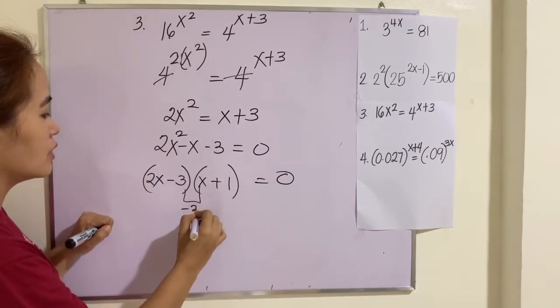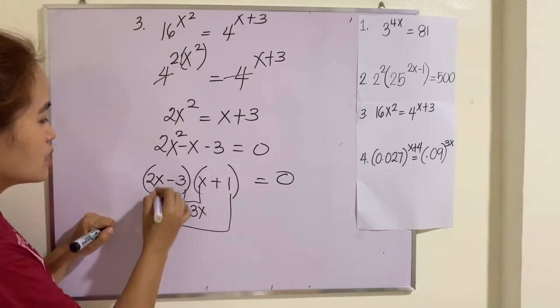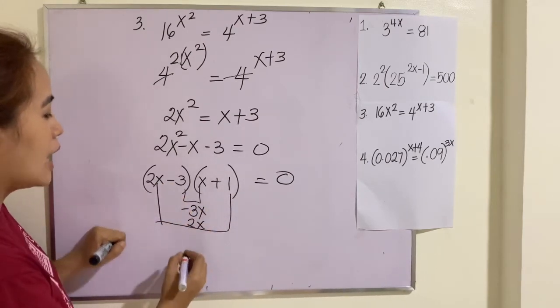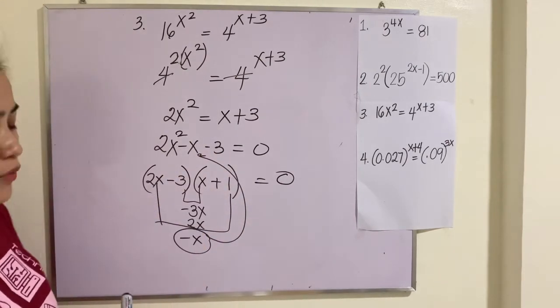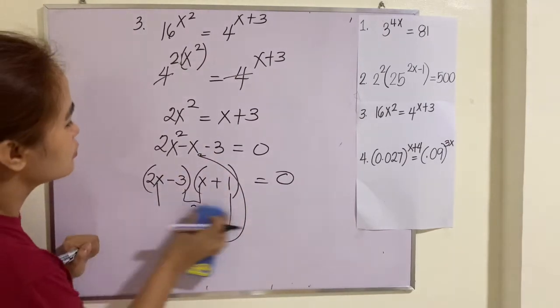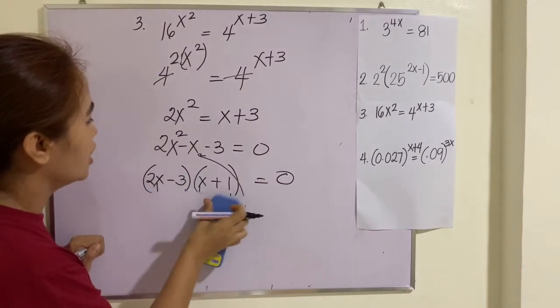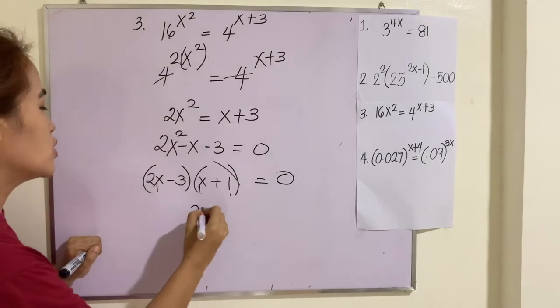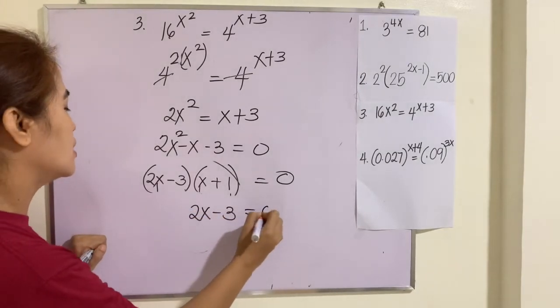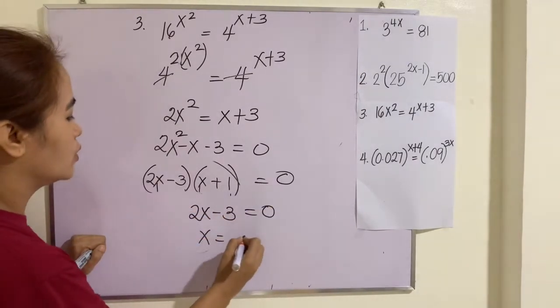Multiplying the outer terms, it's negative 3x. This one is 2x. Adding them, it's negative x. So therefore, that's correct. After that, you equate each factor to 0. So that will be 2x minus 3 equals 0. X is equal to 3 over 2.